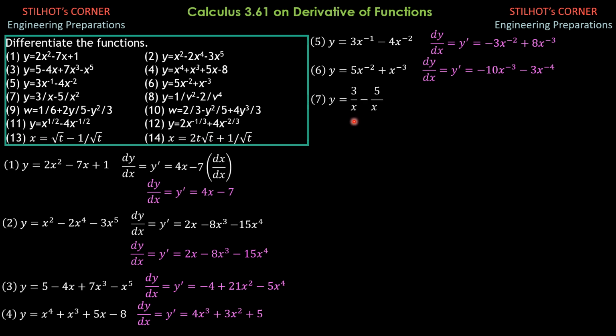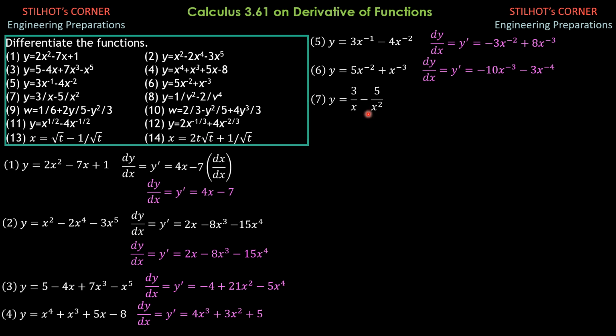Number 7, though there's a direct way of differentiating this, negative 3 over x squared, let's just transform this to power form so that we can apply power formula.